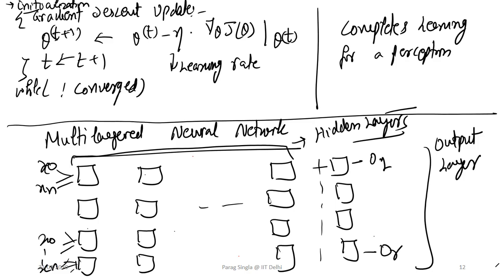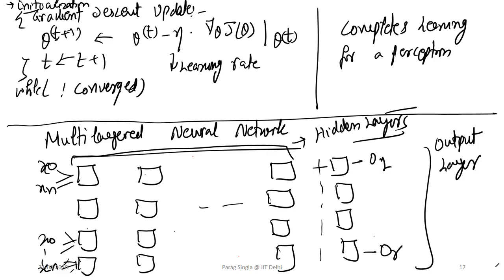And everything here which is hidden from the output is called the set of hidden layers, because they are hidden from the final layer, which is the output layer, and there could be any number of such hidden layers. So we will do learning of the parameters in this context.